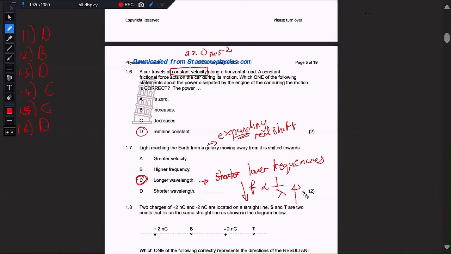So if we are talking about the redshift, the expanding of the universe, this is when the light is moving to lower frequencies, but lower frequencies actually means a longer wavelength. So as it is moving away from the Earth, remember, if it's moving away, then we're expecting a longer wavelength. Then for 1.7, the option has to be C.